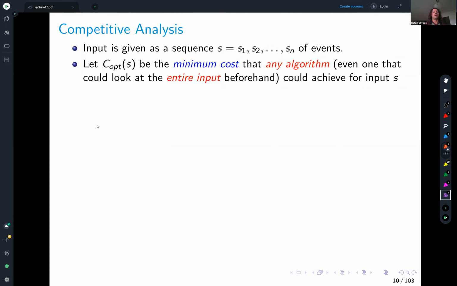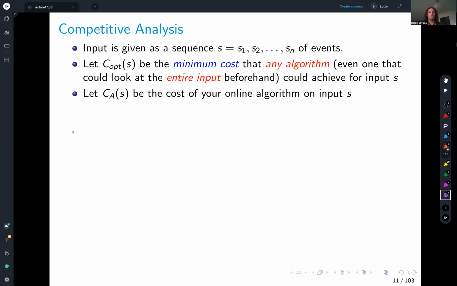But if I don't take an umbrella, then I'm going to be upset because I'm going to be all wet, and let's say this has a cost of 10, because I have to change clothes or whatever. So here, C_OPT is the minimum cost that any algorithm, even one that could look at the entire input, could achieve for input S. In this case, if you knew the weather pattern, you would know when to take an umbrella or not, so your cost here, let's say, would be 0.